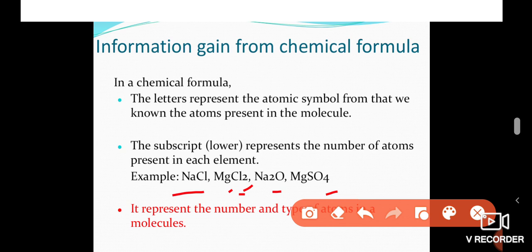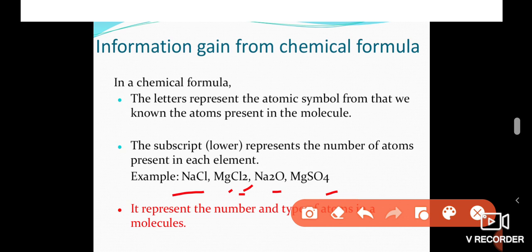That 2 indicates 2 sodium atoms are present in a molecule. After oxygen there is no number. That denotes only one oxygen is involved in the Na2O molecule. Okay.